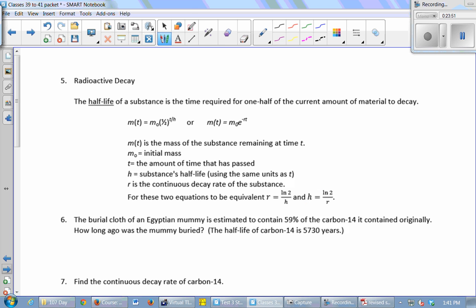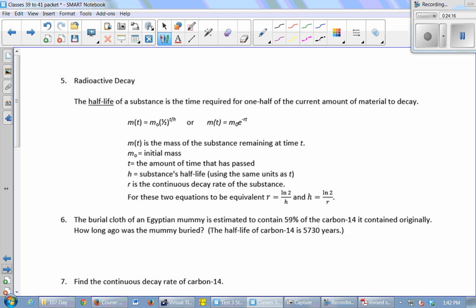So we can also use exponential models to model decay. And one common thing that we use exponential decay for is something called half-life or radioactive decay. The half-life of a substance is the time required for 1/2 of the current amount to decay, to be gone. Right?